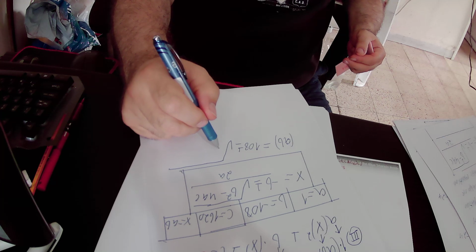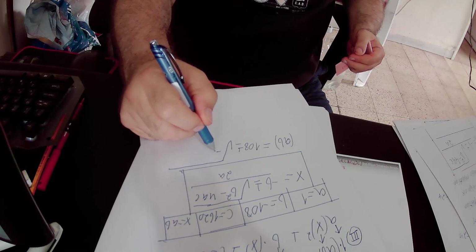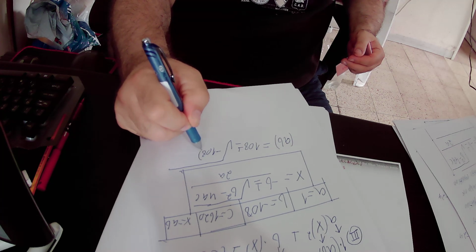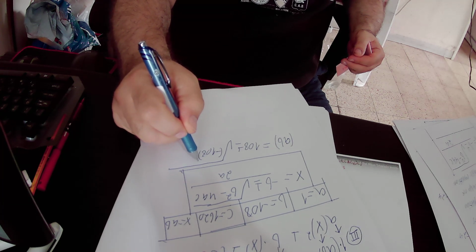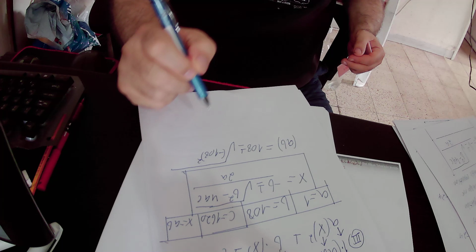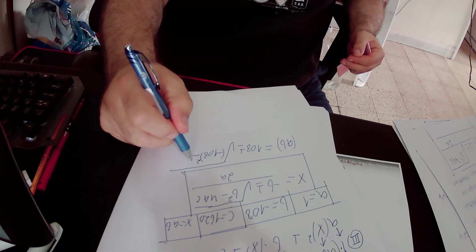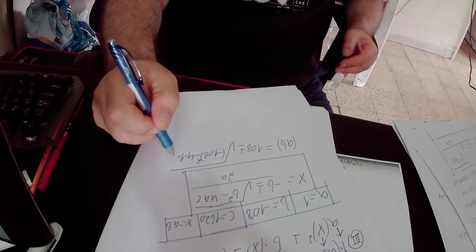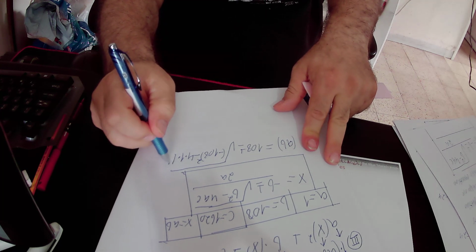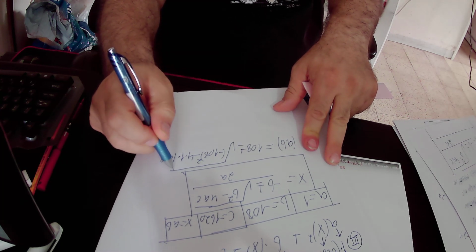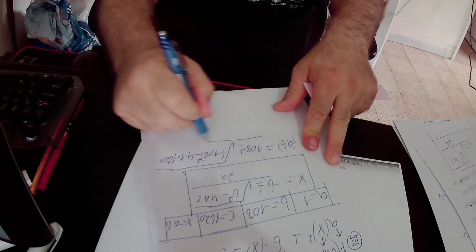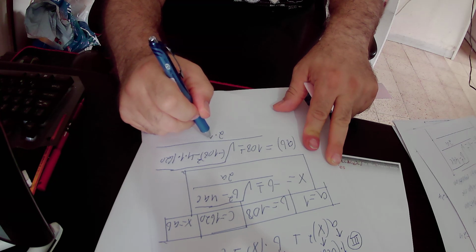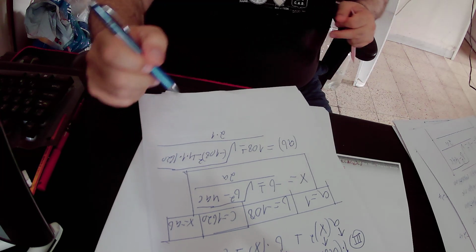B is negative 108, so it is negative 108 squared, minus 4 times A equals 1 and C equals 1620, all divided by 2A. 2 times A, that equals 1, is 2 times 1.